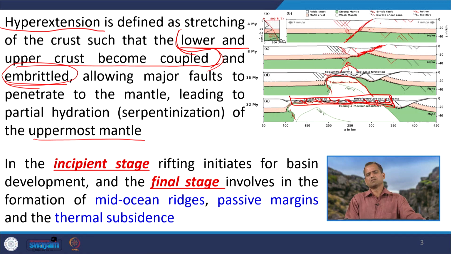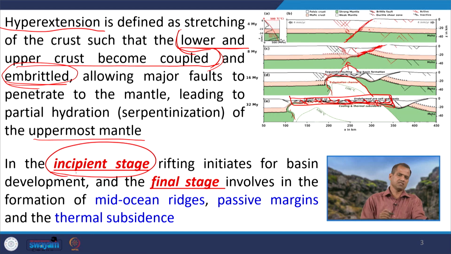The development of this margin undergoes different stages. The first stage is called the incipient stage, that is the initial stage, and the second stage is called the final stage. In different stages, these rift margins behave differently, and the fluid movement will be in a different manner.